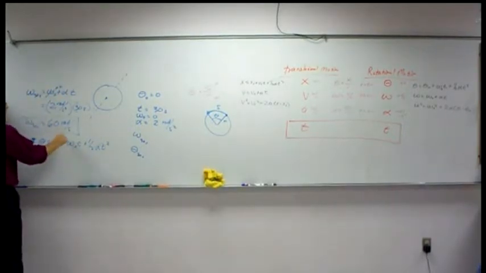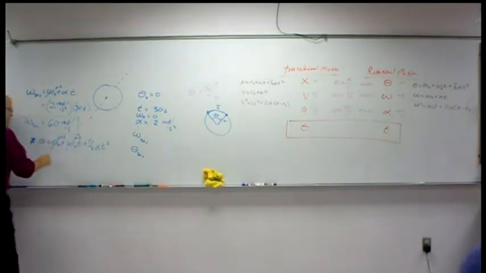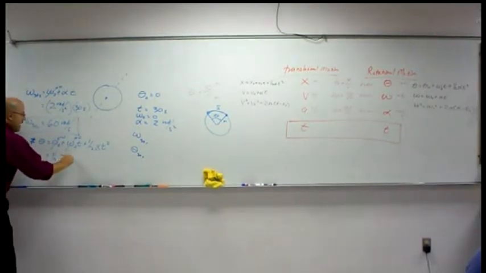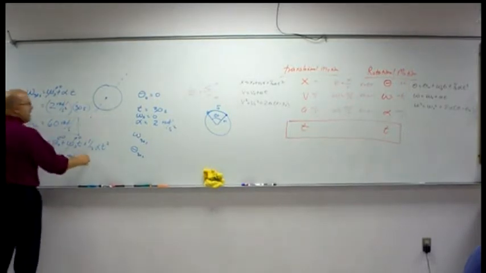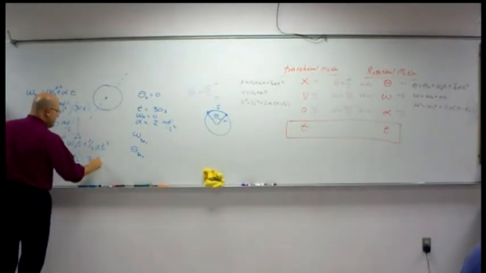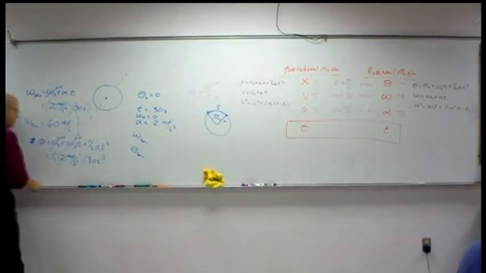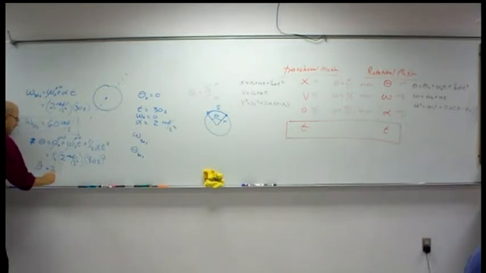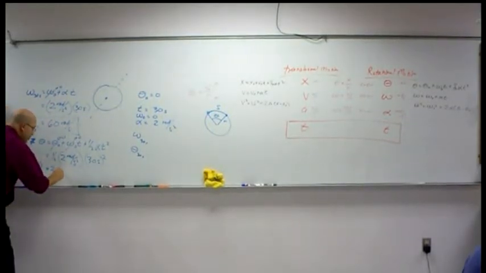It begins at 0 and 0, so we end up with 1/2 times 2 rads per second squared times 30 seconds squared. So that's going to be 30 squared, whatever that is. 900.